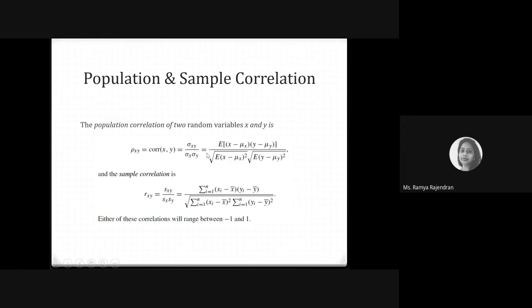So we are representing it with the formula of the population, because we know it is denoted by the expected value, and here we are representing it with the summation. For both population correlation and sample correlation, it will be in the range between -1 and +1.